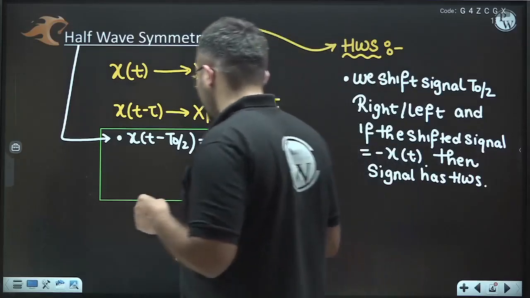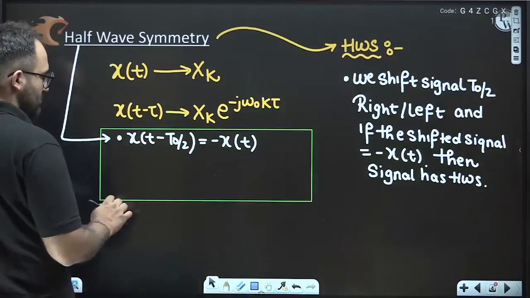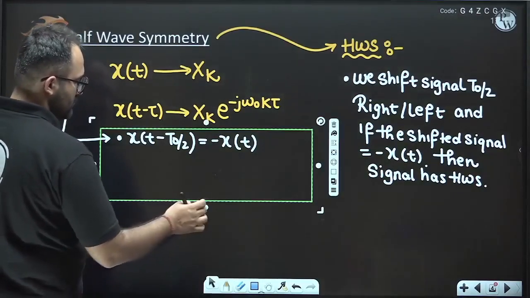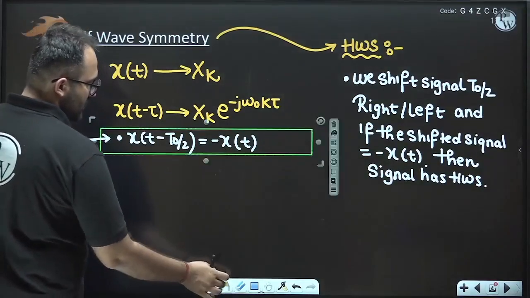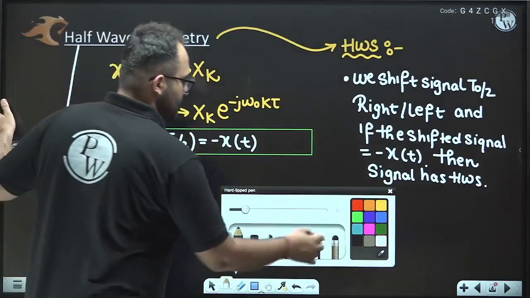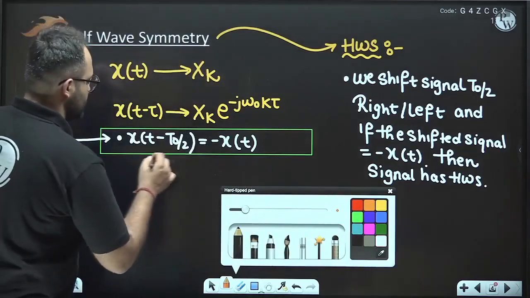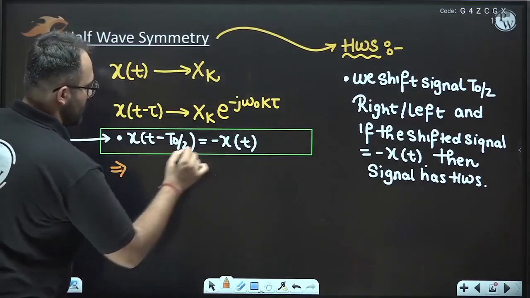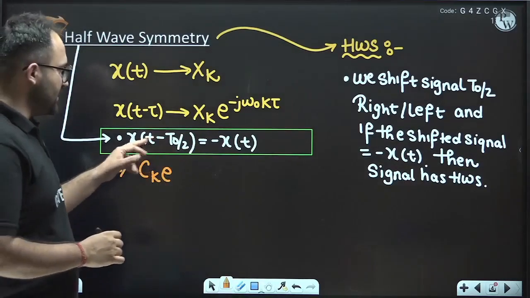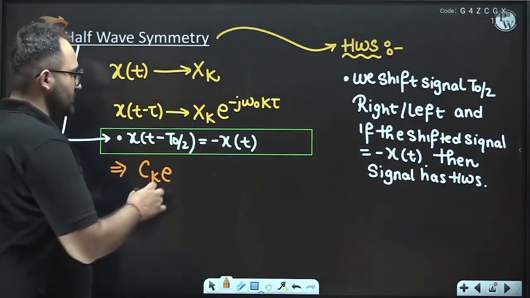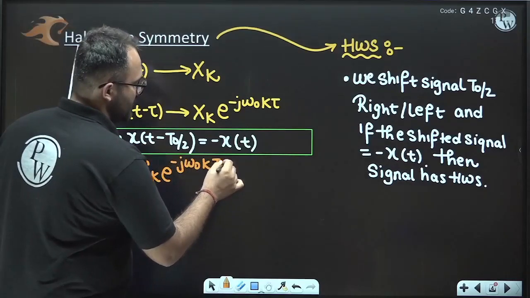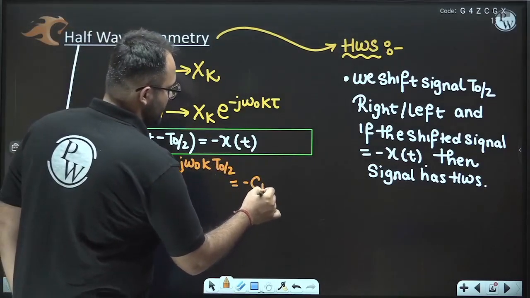Applying the time shifting property to the half wave symmetric signal, we can get that c_k e to power minus j omega naught k T naught by 2 is equal to minus c_k.